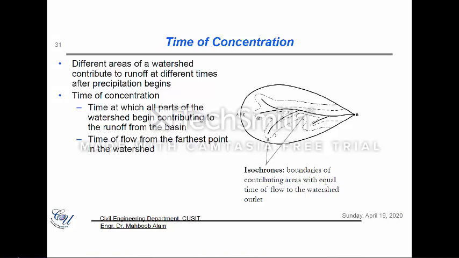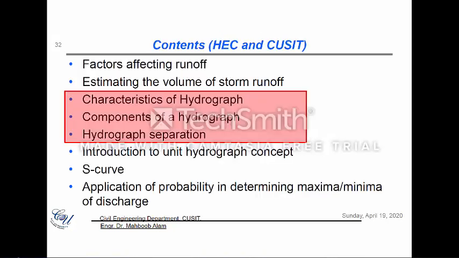We have looked at the rational method and the SCS curve number method. Both of these methods do not need the time of concentration, but there are other methods which do need it. So it was just to let you know that time of concentration is the time at which all parts of the watershed begin contributing to the runoff from the basin.